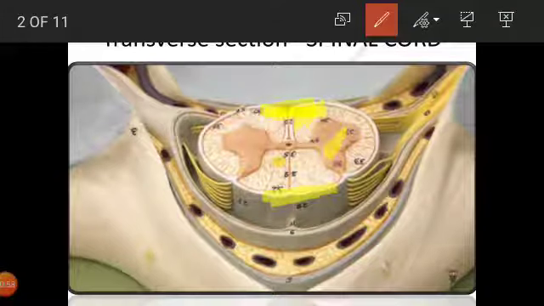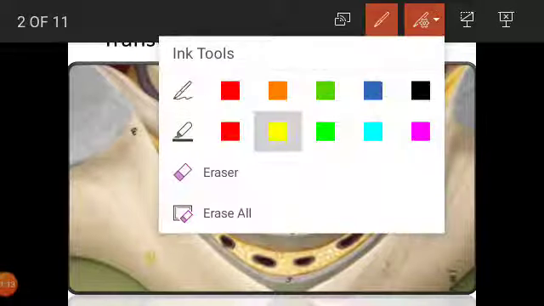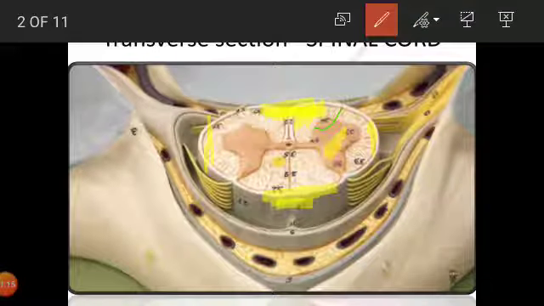The anterior part is also known as the anterior white column. The posterior or dorsal part is known as the dorsal white column, whereas the lateral sides are known as the lateral column respectively. The gray part is further divided into anterior gray horn and posterior gray horn.